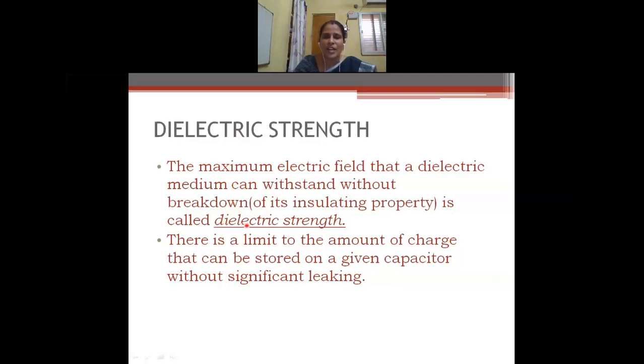The dielectric strength of air is 3 into 10 power 6 volt per meter. And there is a limit to the amount of charge that can be stored on a given capacitor without significant leaking.